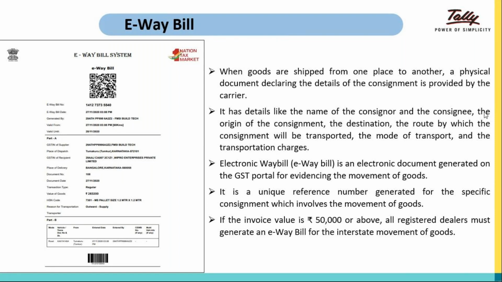Did all of you understand the invoice value and the exemption limit for both intrastate and interstate? Please react to that. If you have not understood, please let me know and I will repeat it once again. So this is what we mean by e-way bill.